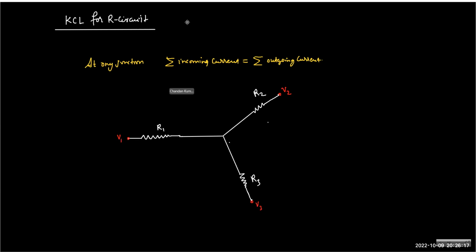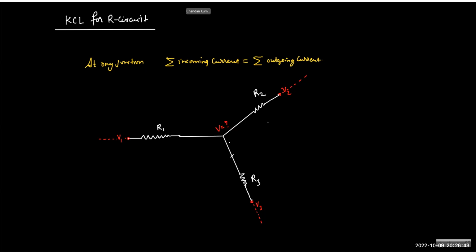What are we supposed to find? This is part of some big circuit which is not shown to you, and we are looking for the potential of the junction. What is given to you? First of all, you need to realize what is known to you. You know the potential, not the voltage.